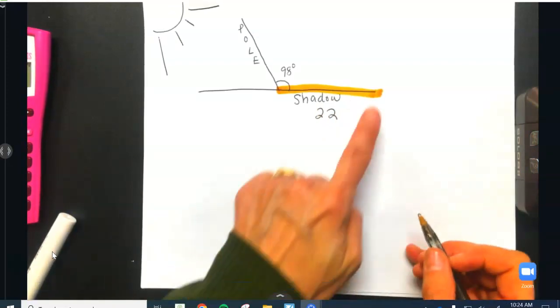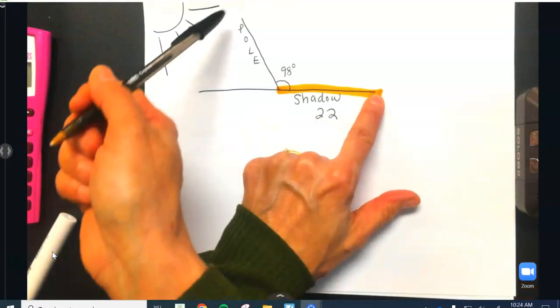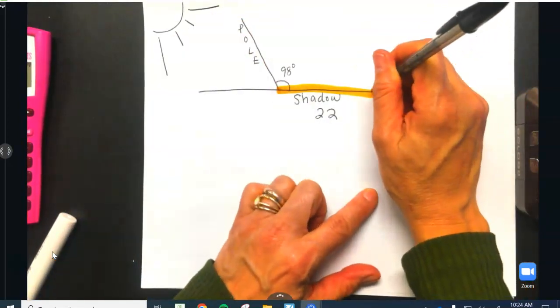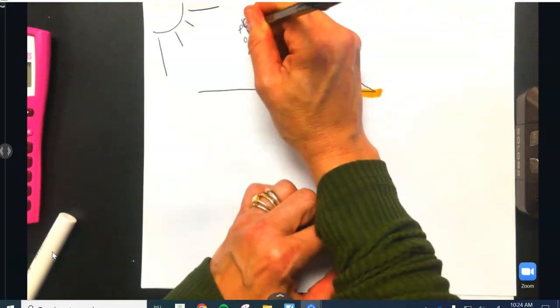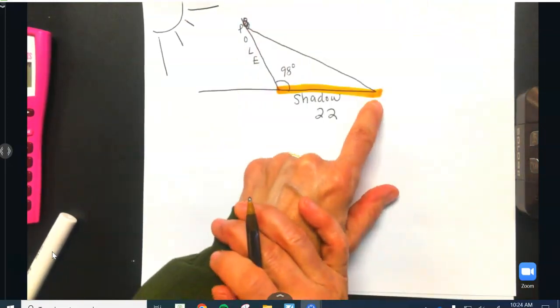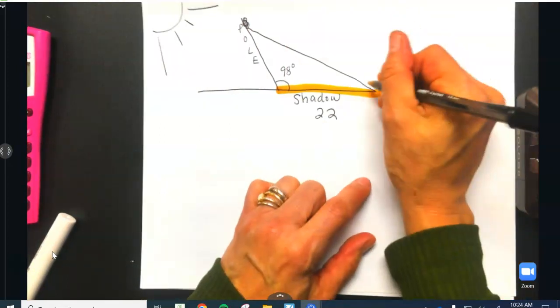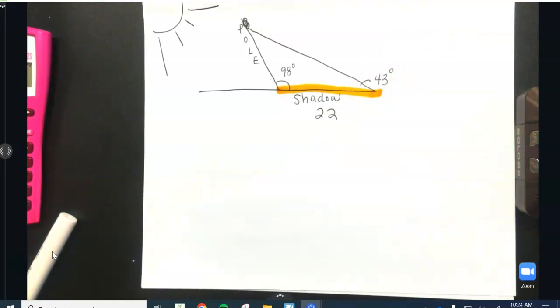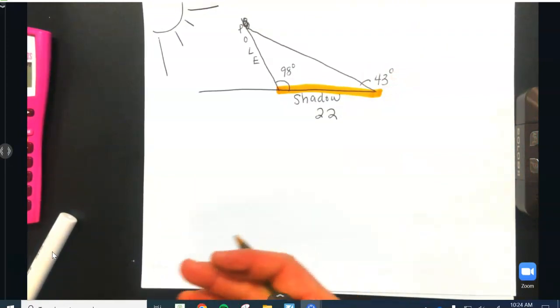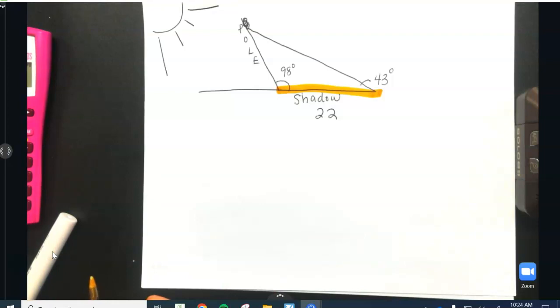And then it said from the tip of the shadow to the top of the pole, it gave us an angle of elevation. What is that? Oh, that's an ugly angle. What is it? 43, thank you. And then they want to know how tall the pole is, like how tall the pole should be when it's straight up and down.